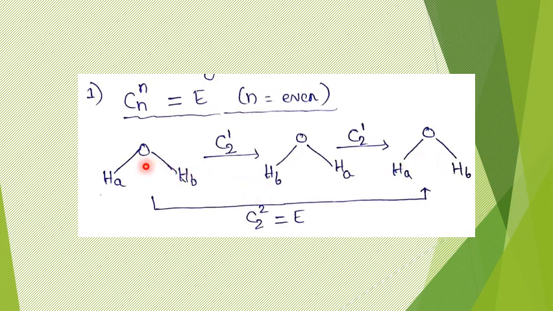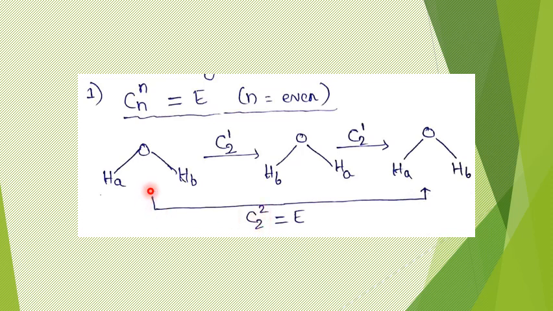Now if I come from here to here, it is in fact 2 times a 180-degree rotation, which is nothing but a 360-degree rotation. In other words, it's 2 times the C2 operation, which can be written as C2 twice.